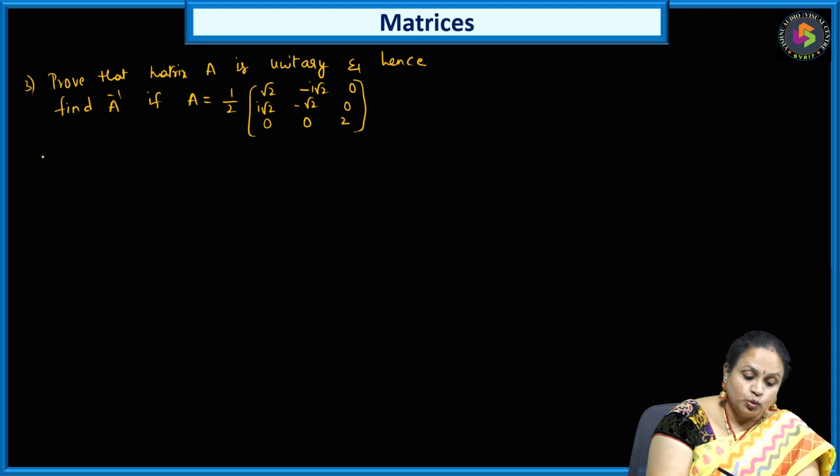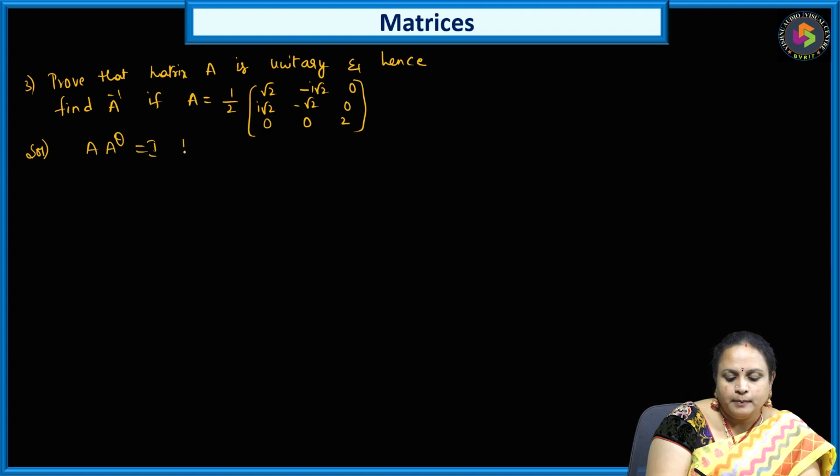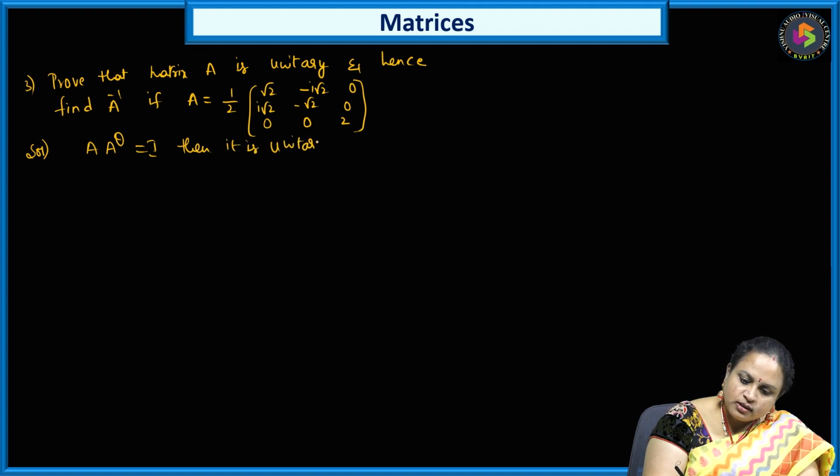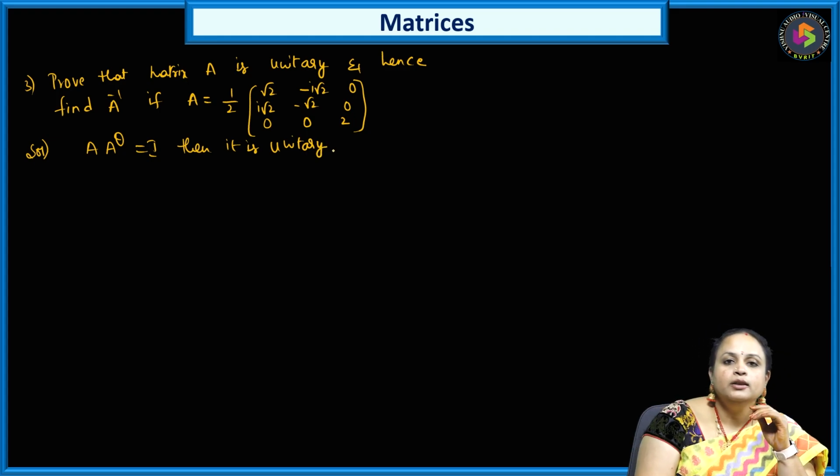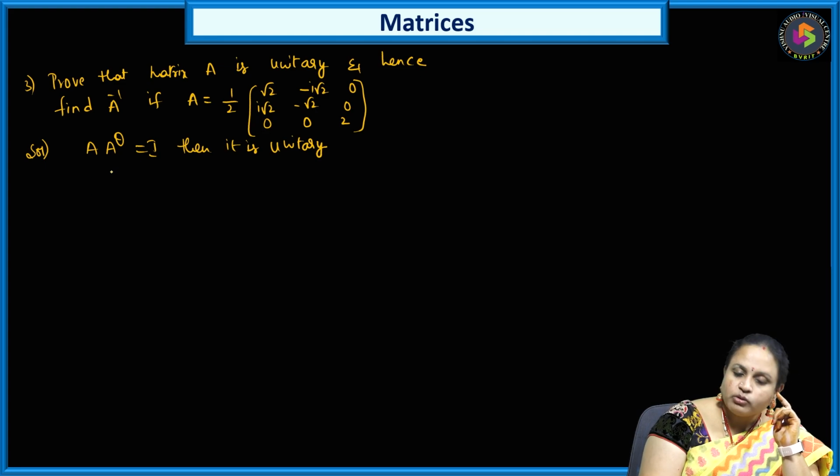So, we know a matrix is unitary. When do we say that a matrix is unitary? We say that a matrix is unitary if A into A power theta equal to I. So, for this first what we have to do?